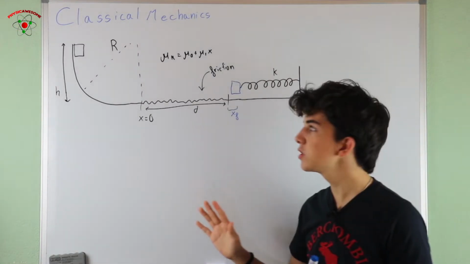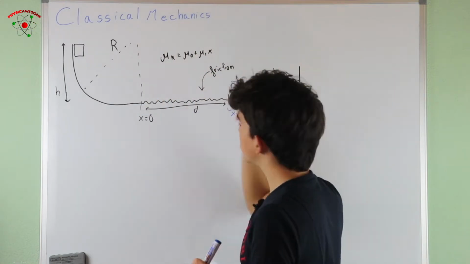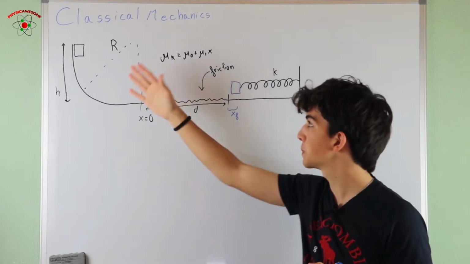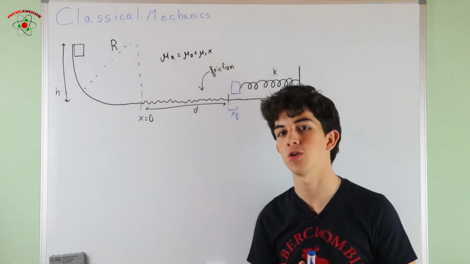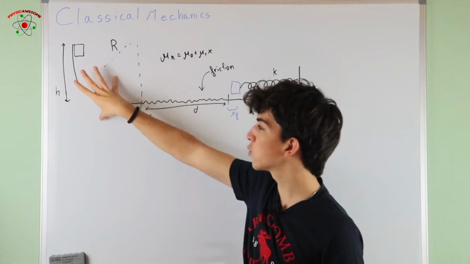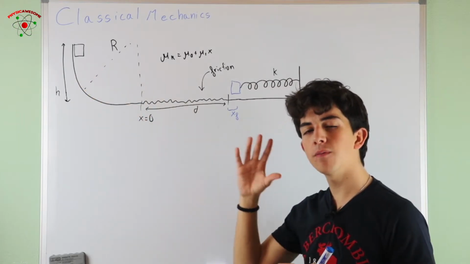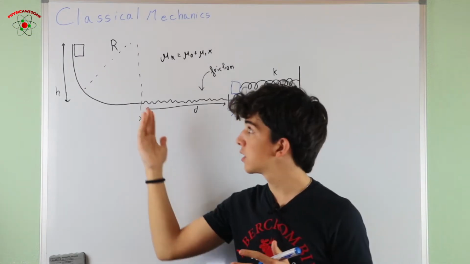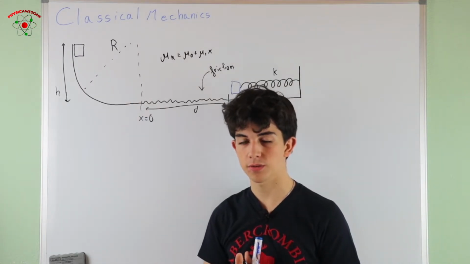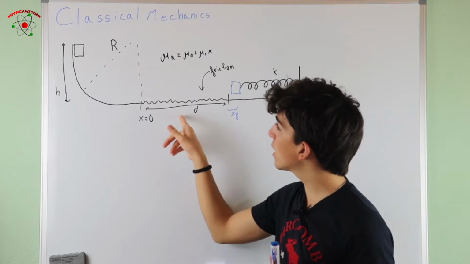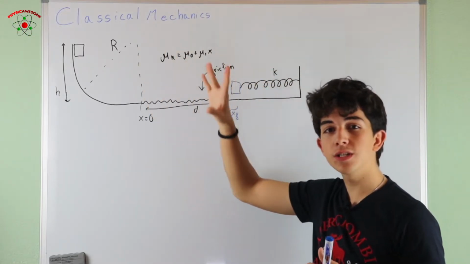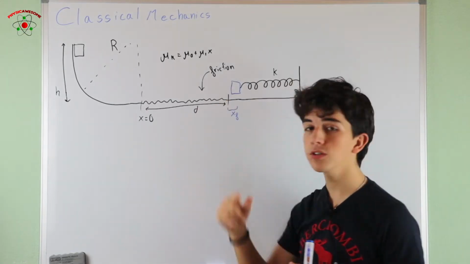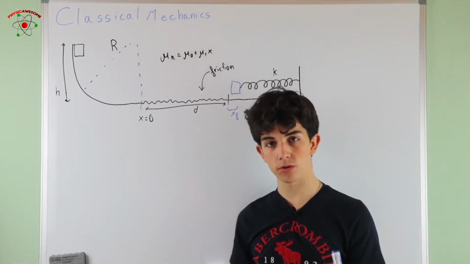We see that there are 3 very differentiated regions in this race that our mass is going through. We first have one where gravity and gravitational potential energy play a very important role. Then we have a zone in which mechanical energy is not conserved, as friction is a non-conservative force.